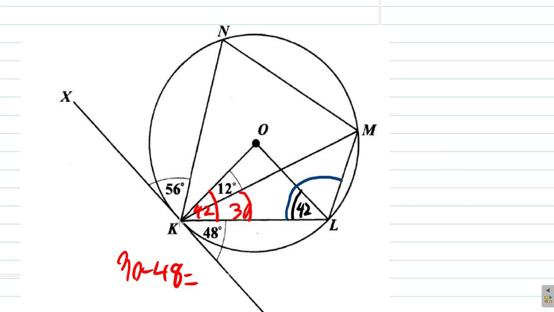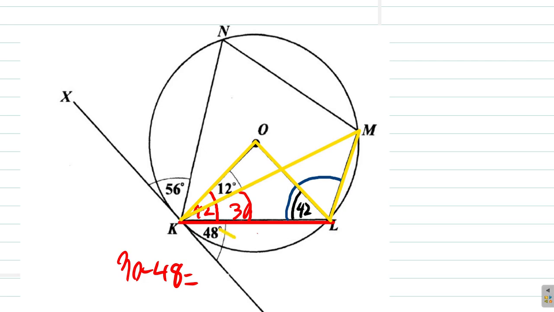Let me make it a straight line. If you remember your circle theorem, you see that we have two angles lying on that chord. One of them lies at the center of the circle, and the other lies at the circumference in the same segment.